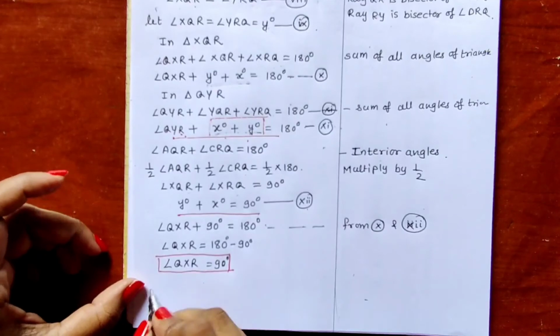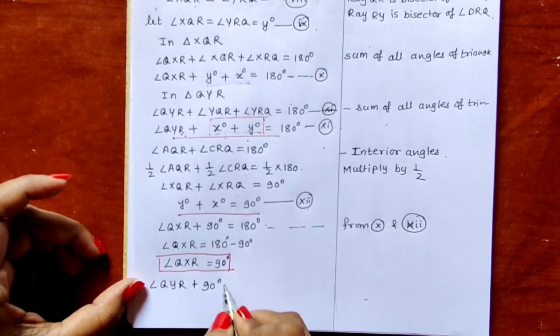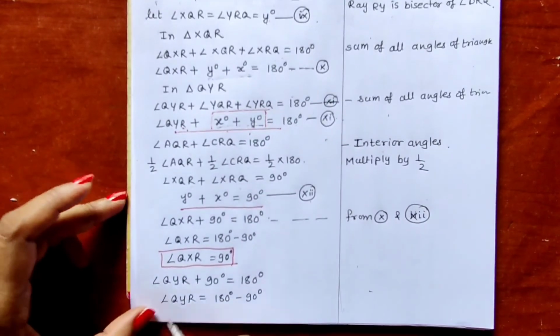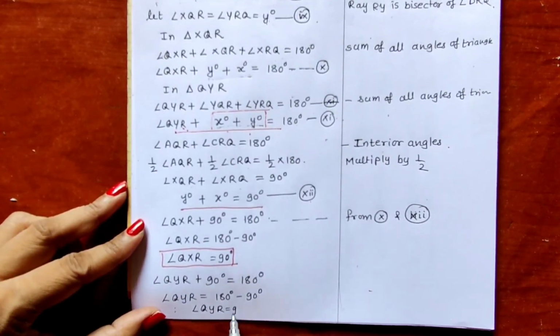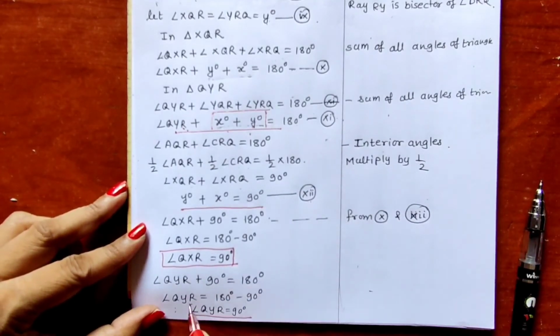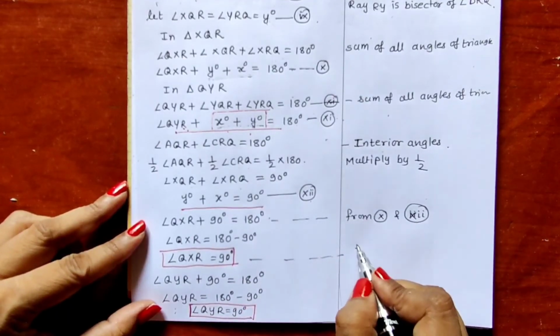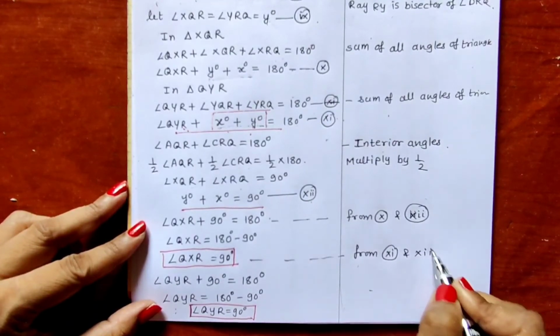So angle QYR is equal to 180 degree minus 90 degree, and therefore angle QYR is equal to 90 degree. I will put a box. This statement we have got from 11 and 12.